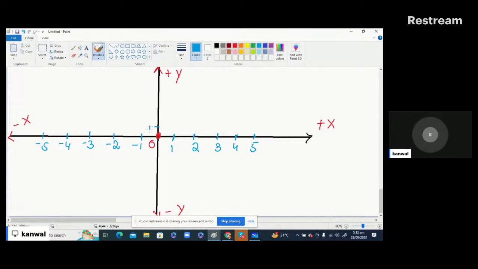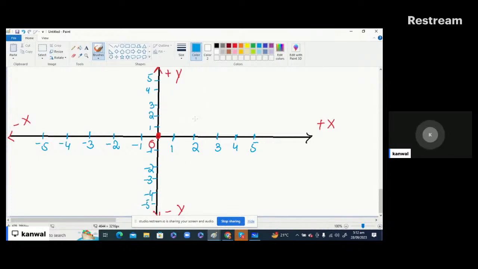Now the positive x-axis same, all values are positive. And on the negative y-axis, all values are negative.